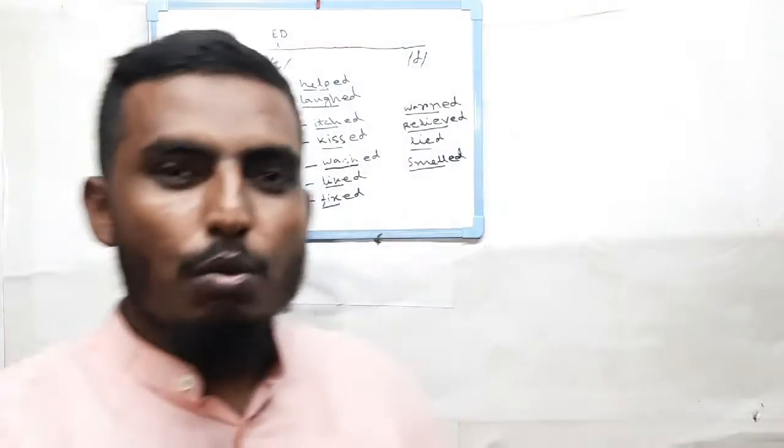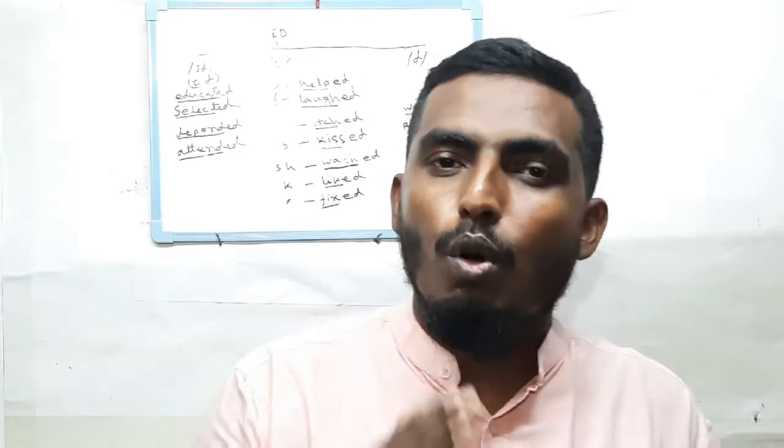I think you understood properly how to pronounce the ed ending. When the ed ending comes, we should pronounce it in three different ways. We have to notice when the root word ends in a ta or da sound. In this case, we pronounce it like id, such as select, selected, educate, educated.